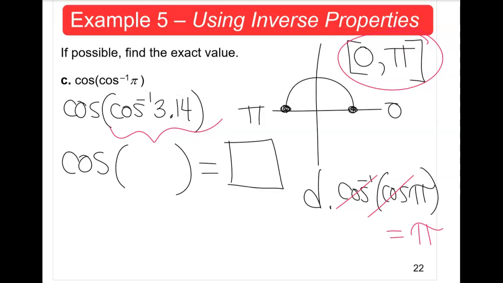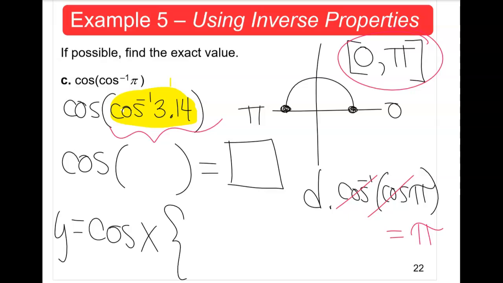For this question, there is no answer. It is undefined. Why? Because the cosine values, let me just use x since we're talking about it in terms of a function. For this function cosine x, the range happens to be from -1 to 1.